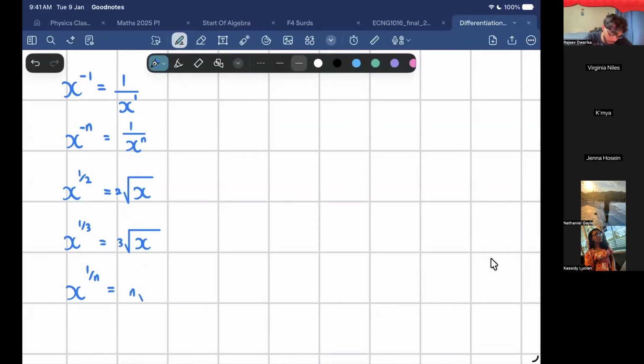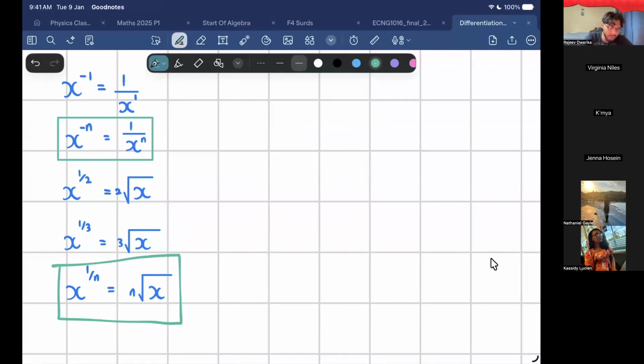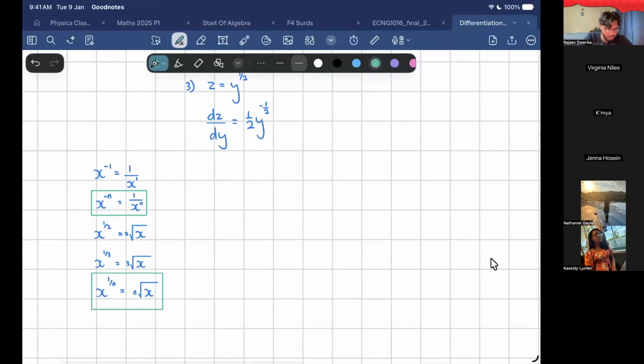The nth root of x. That's the proper way to say it. So these are the generalizations: x to the power -n means 1 over x to the power n, it just means the reciprocal. X to the power 1 over n implies nth root.